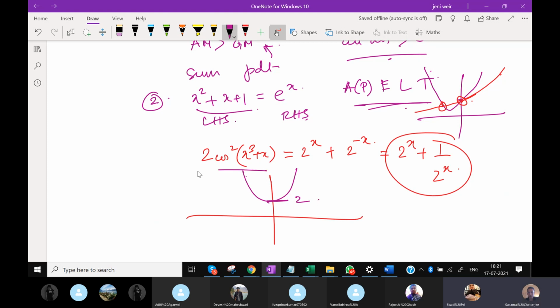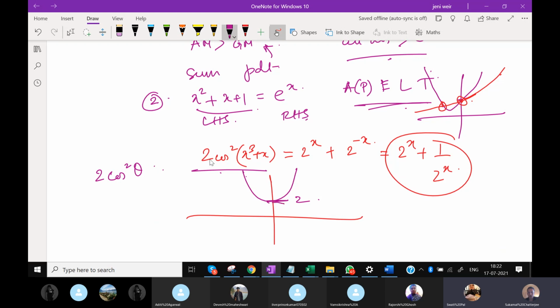Now look at the other side. Now this is of the form 2 cos square theta. Right? Yes, sir. Now what is the value of cos theta at x equal to 0? 1. Cos square would be 1. 2 cos square would be 2. Right?